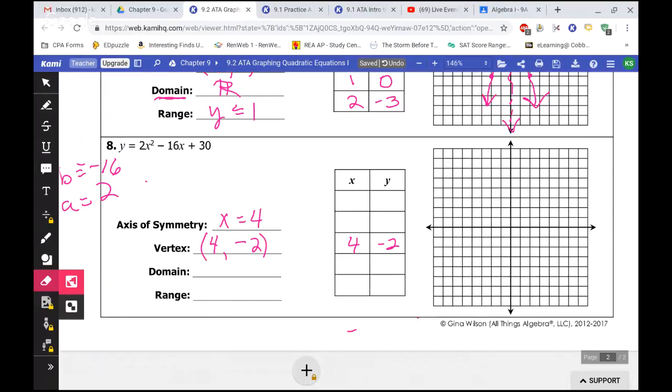All right, let's fill in the rest of this table. What's 1 less than 4? Three.